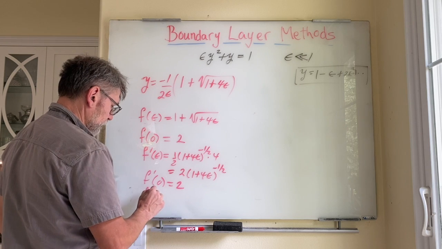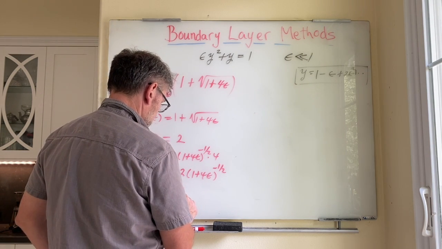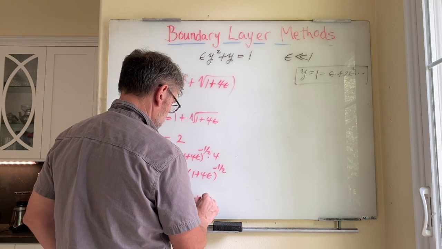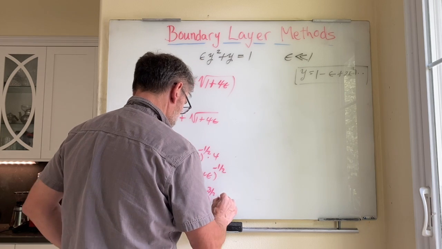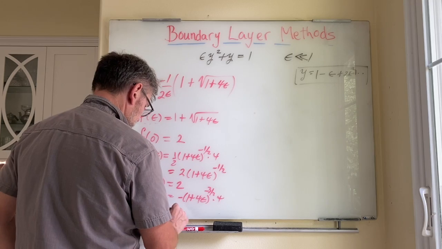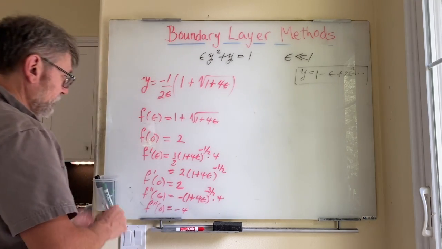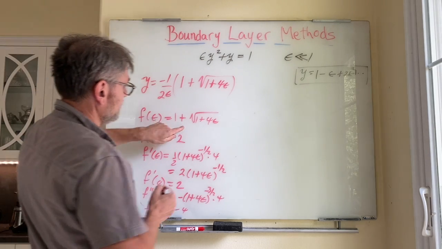And then f double prime of epsilon is equal to minus 1 plus 4 epsilon to the minus 3/2 times 4, so that f double prime of 0 is just equal to minus 4. And we can keep going. Now we can use these terms to get the expansion of this one.